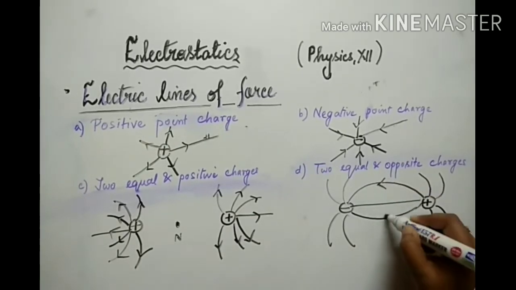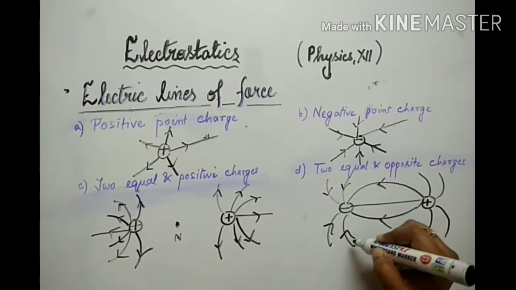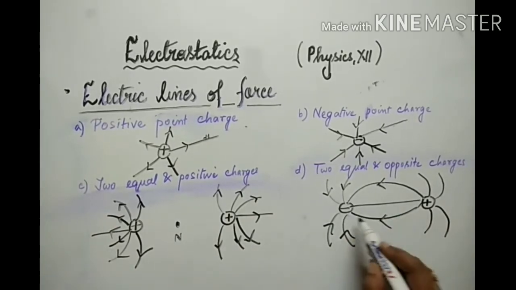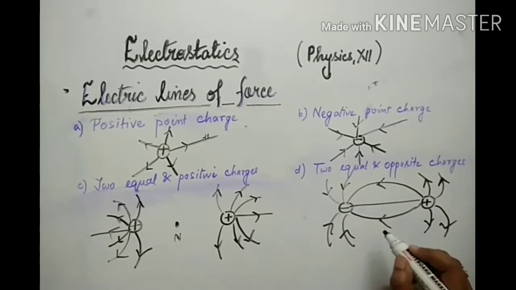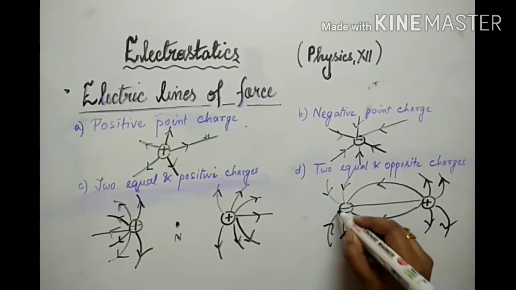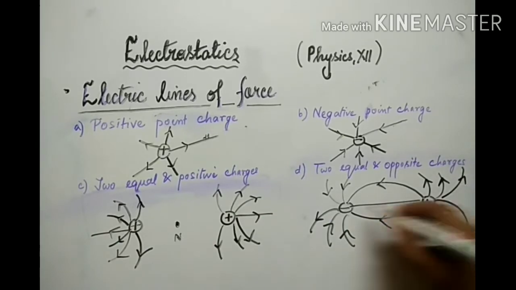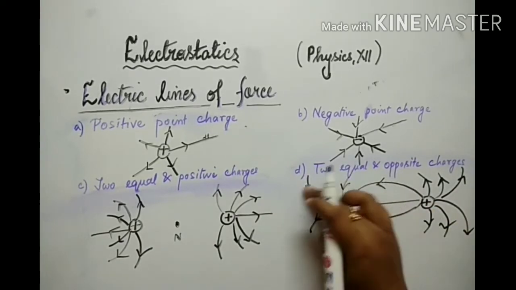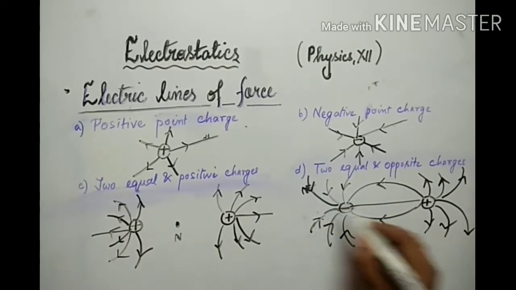The arrow should be along this direction because for a negative point charge, the arrow should be towards the charge, and for a positive point charge, the arrow should be away from it.